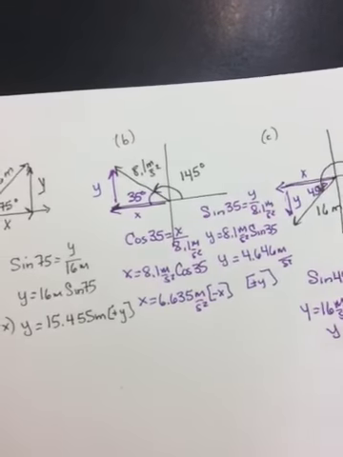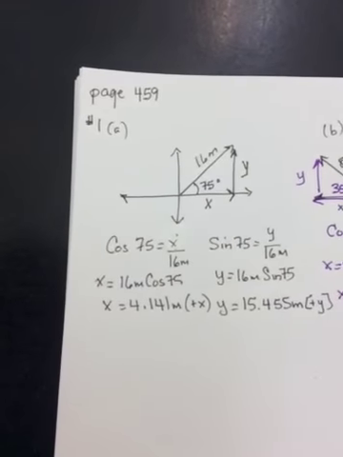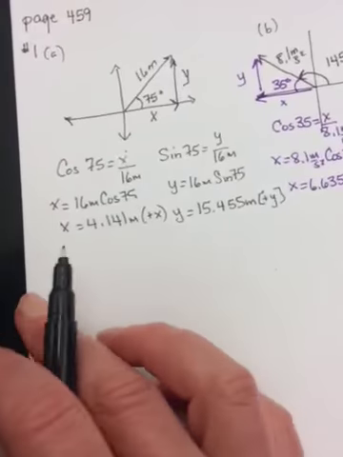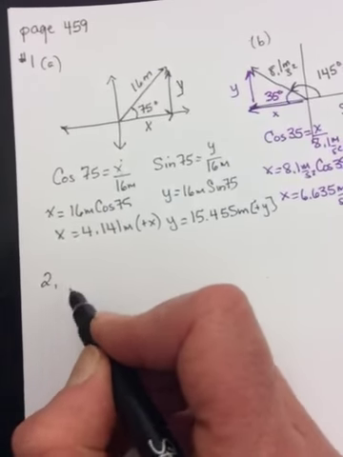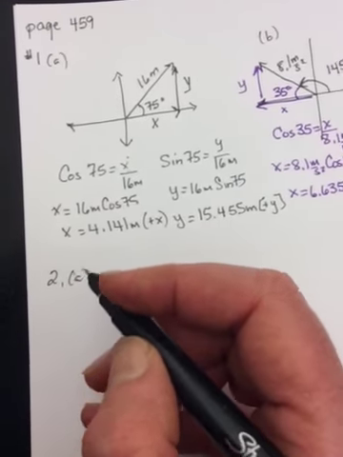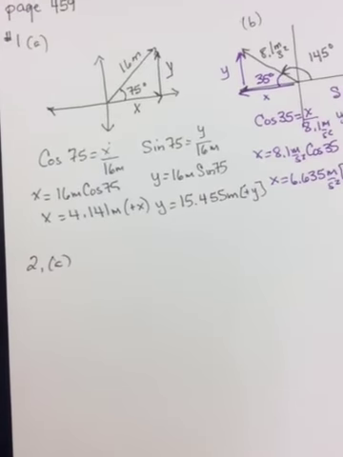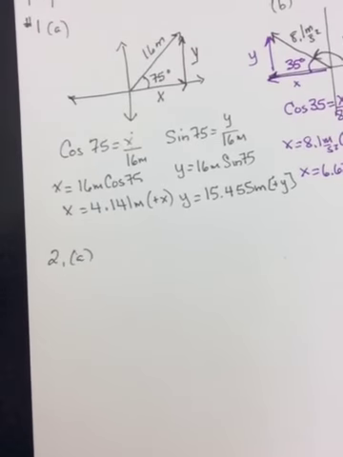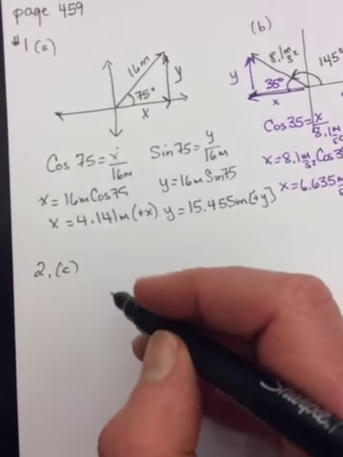Number 2. Switch back to my other pen. Number 2 is the same but a little bit different because it tells us to resolve the vector into its components, so that's the same. And it's a displacement of 20 kilometers north 20 degrees east.